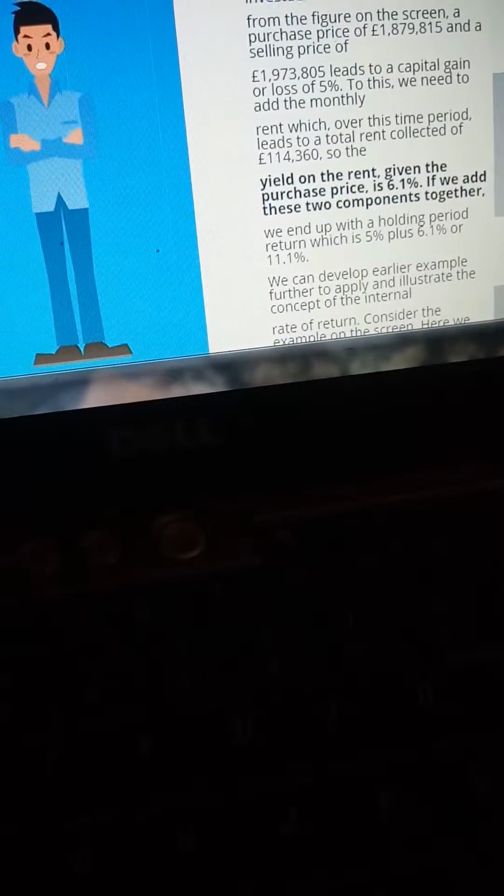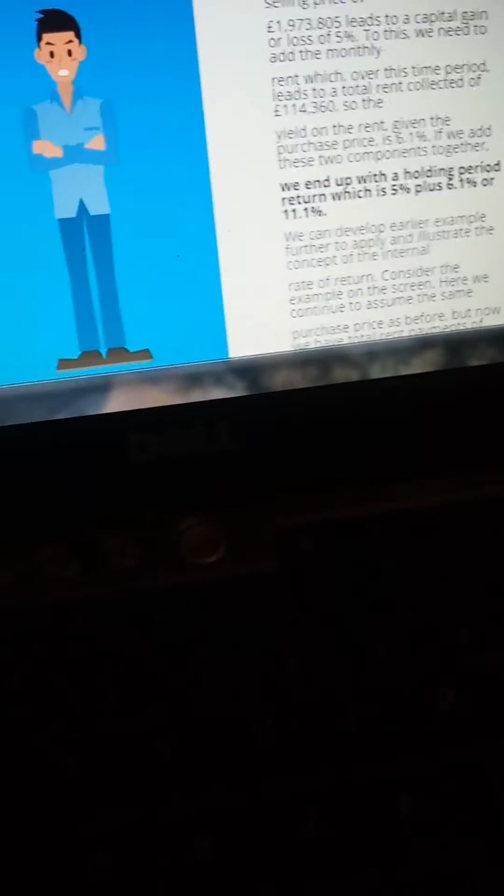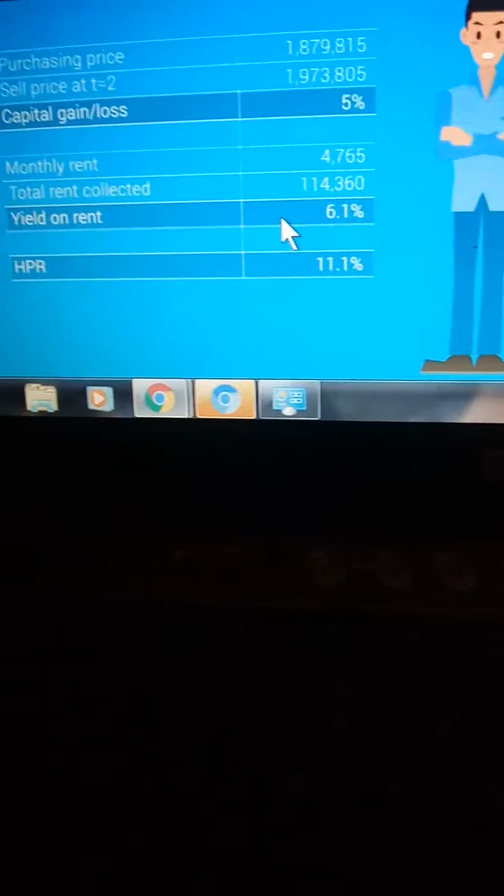To this we need to add the monthly rent, which over this time period leads to a total rent collected of £114,360, so the yield on the rent given the purchase price is 6.1%. If we add these two components together, we end up with a holding period return which is 5% plus 6.1%, or 11.1%.